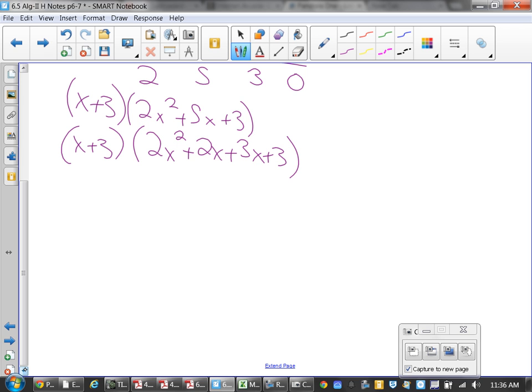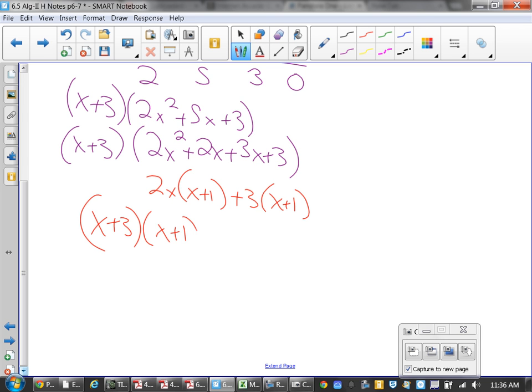Now I can factor grouping without too much of a hassle. I have a 2x, I have an x plus 1, take out a 3, an x plus 1. So my 3 terms, guys, my 3 terms of this become x plus 3, x plus 1, and 2x plus 3.